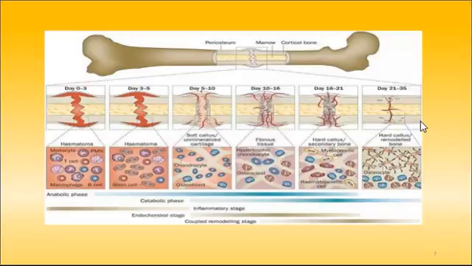In the first 24 to 72 hours after an injury, that's when you have the hematoma that's forming right here at the site of the fracture. It's because the bone is very, very vascular. Stage 2 is between 3 days to 2 weeks, so somewhere in these two would be stage 2, when granulation tissue begins to invade the hematoma.